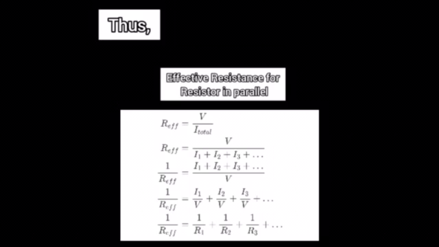Next, effective resistance for resistors in parallel is equal to V over current total, where the voltage is constant while the current is the total of I1 plus I2 plus I3. So we can conclude that the effective resistance in a parallel circuit is 1 over R equal to 1 over R1 plus 1 over R2 plus 1 over R3.